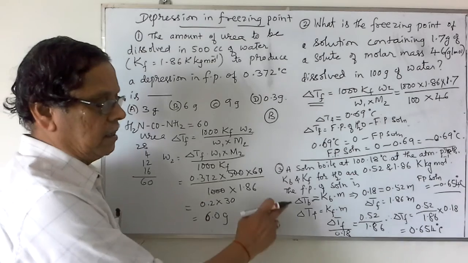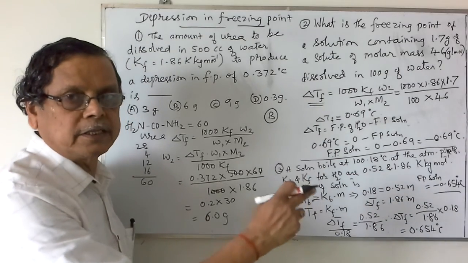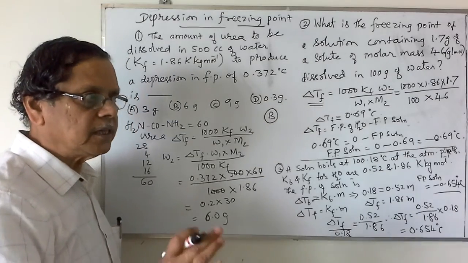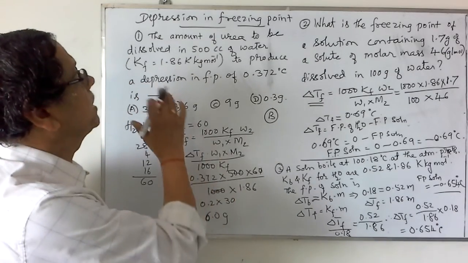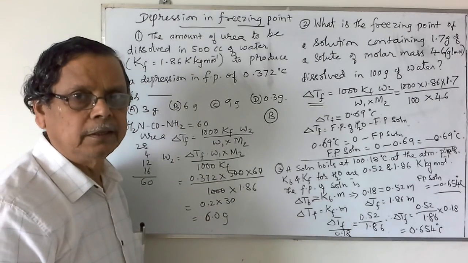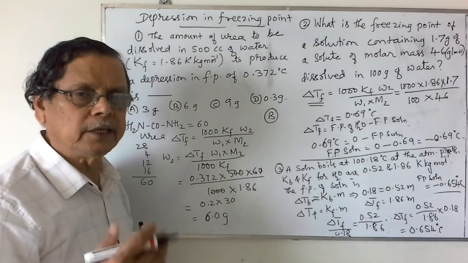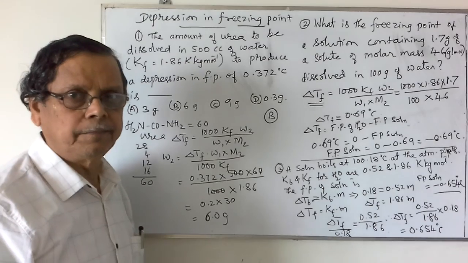So the correct answer will be minus 0.654 degree Celsius. So these are some numericals based on the depression in the freezing point. The next colligative property is osmotic pressure, that we shall take up in the next video. Thank you.